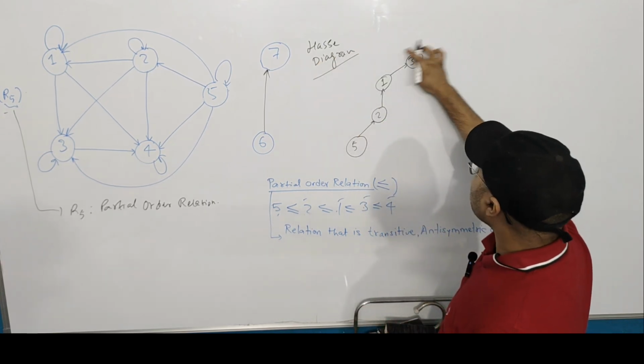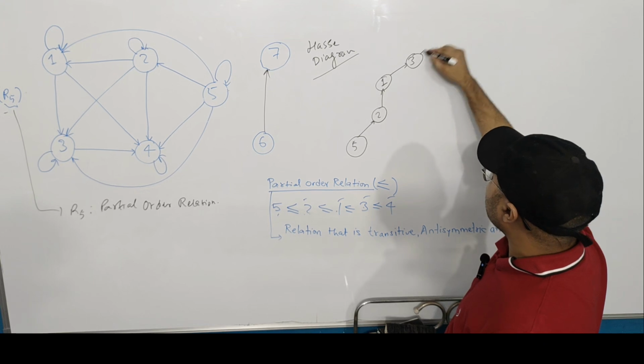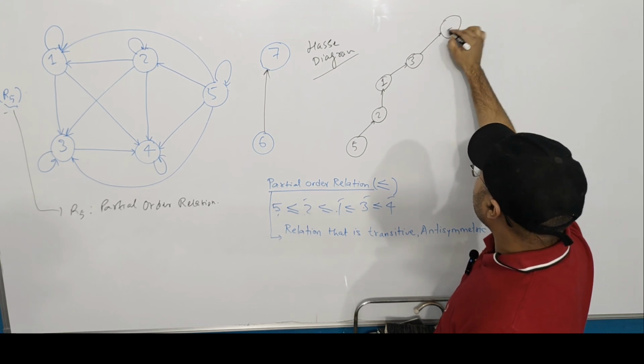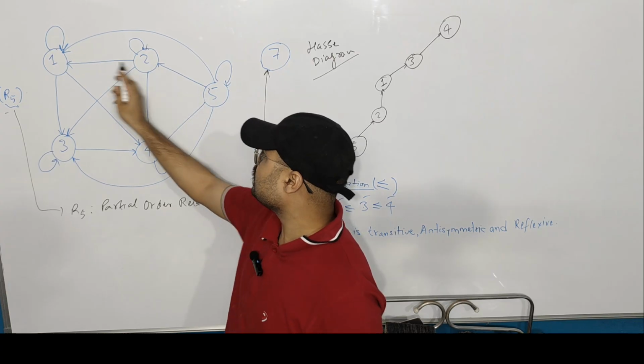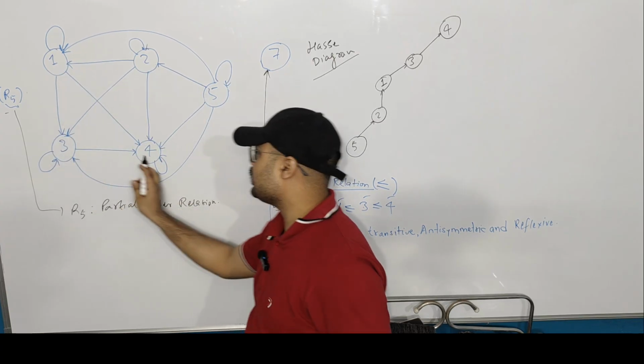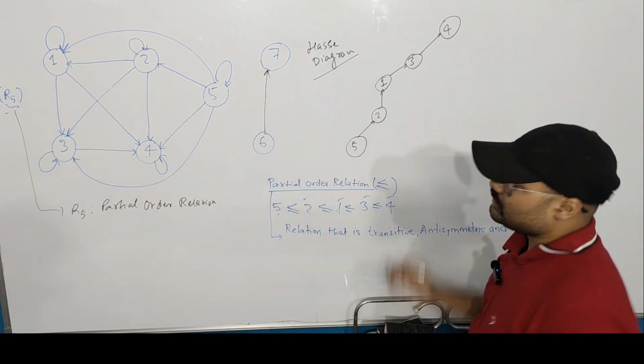So you just go in this direction. 5 is related to 2, 2 is related to 1, 1 is related to 3, 3 is related to 4. And that's it. This is your Hasse diagram.